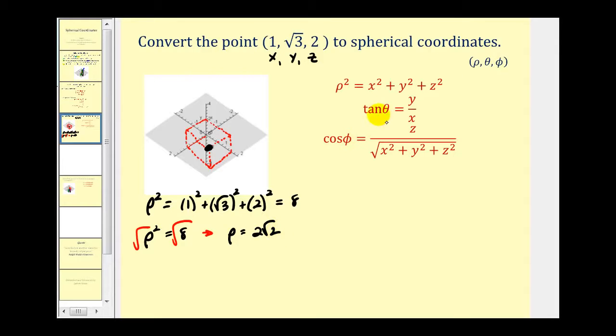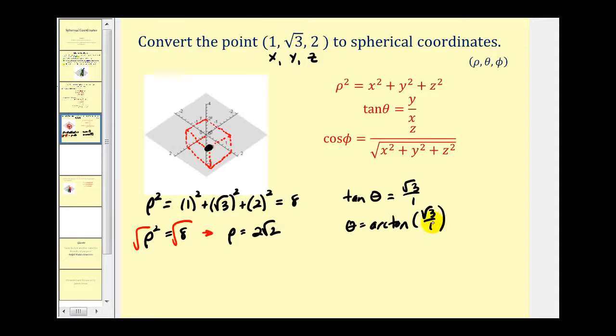Next, to find theta, we can use the equation here that tangent theta is equal to y over x. So tangent theta is going to equal square root 3 over 1. So that means that theta would be equal to arctangent square root 3 over 1.